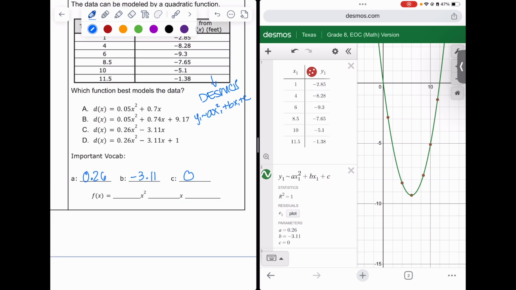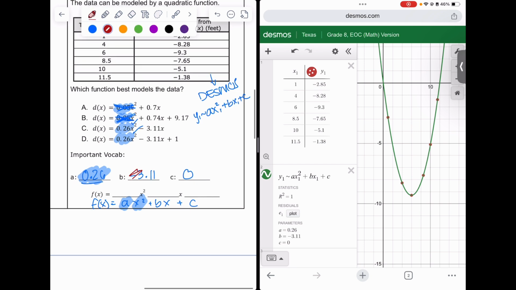I have f of x equals ax squared plus bx plus c. Now, my a needs to go with x squared. So we're looking at all the a values right in front of x squared, and I'm looking for 0.26. That means a cannot be my answer and b cannot be my answer, but maybe c, maybe d.